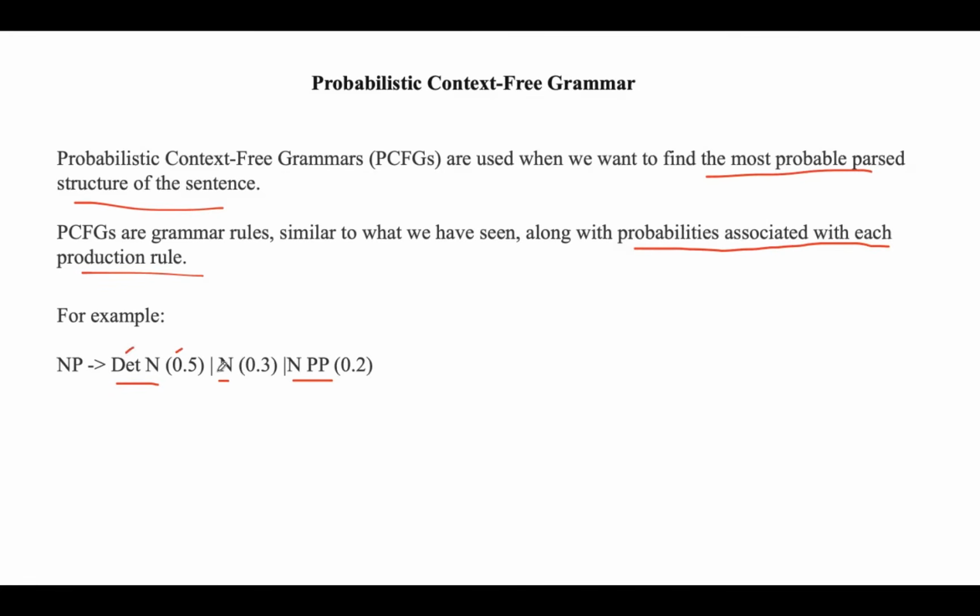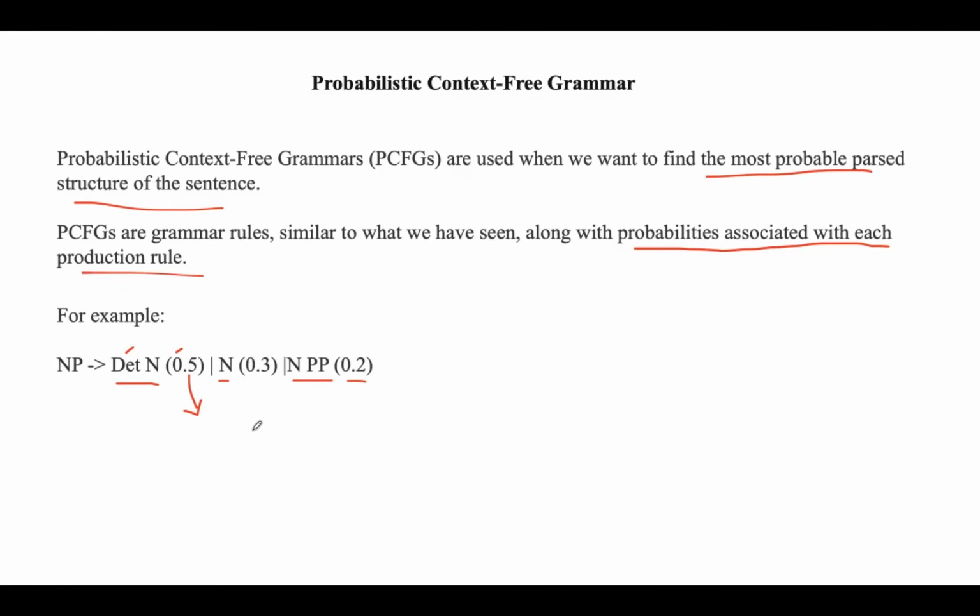It means that the probability of an NP breaking down to determiner and noun is 0.5. We can read it like this: the probability of an NP breaking down to determiner and noun is 0.50, to an N the probability is 0.3, and to a preposition phrase it is 0.20.